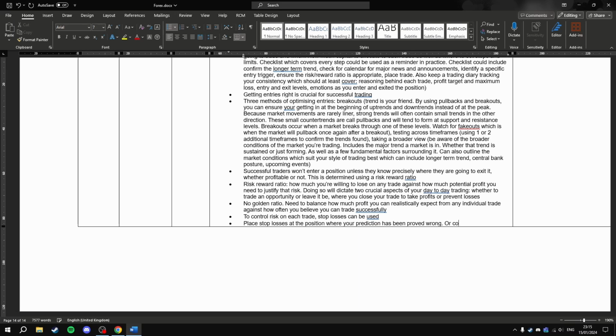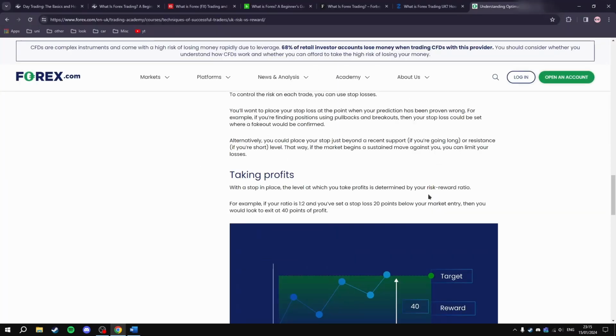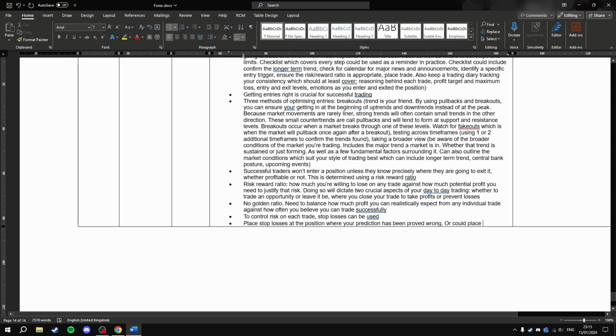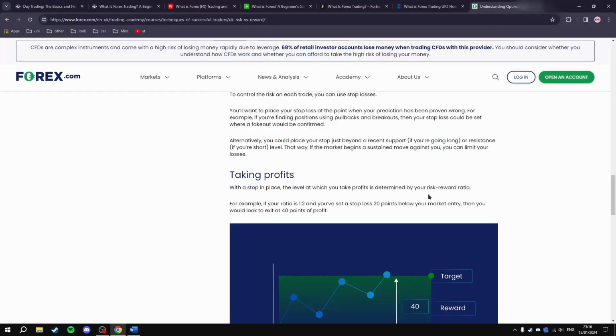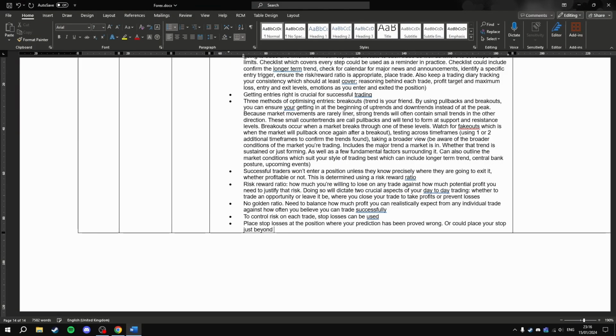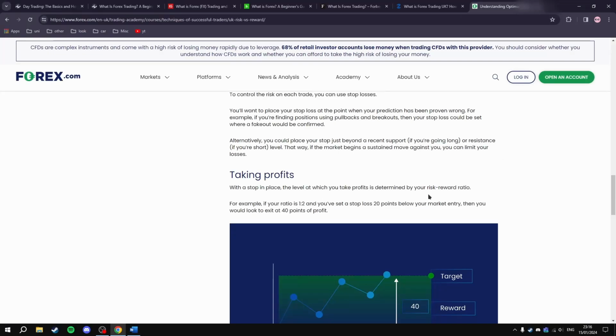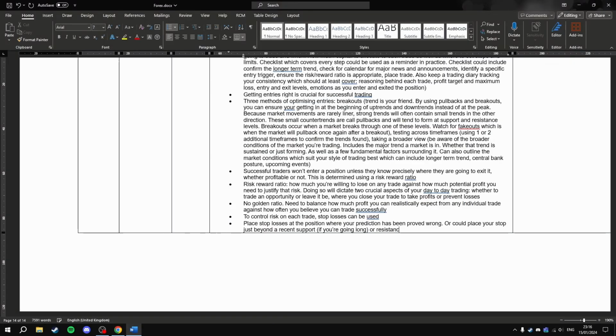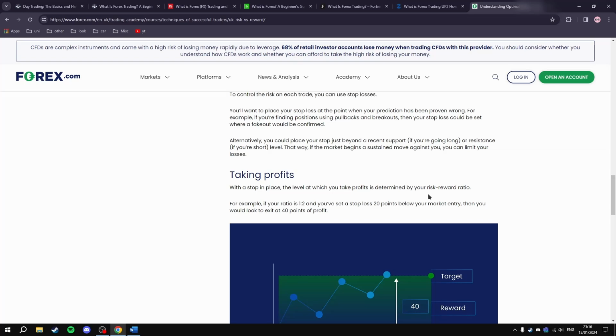Or you could place your stop just beyond a recent support if you're going long, or resistance if you're going short.